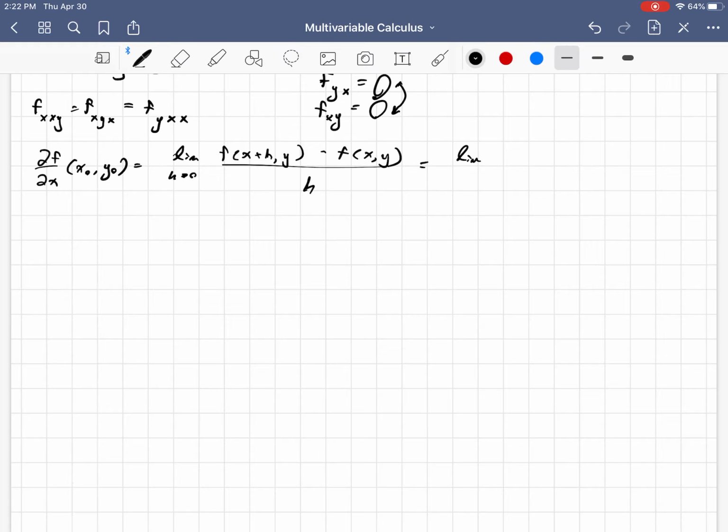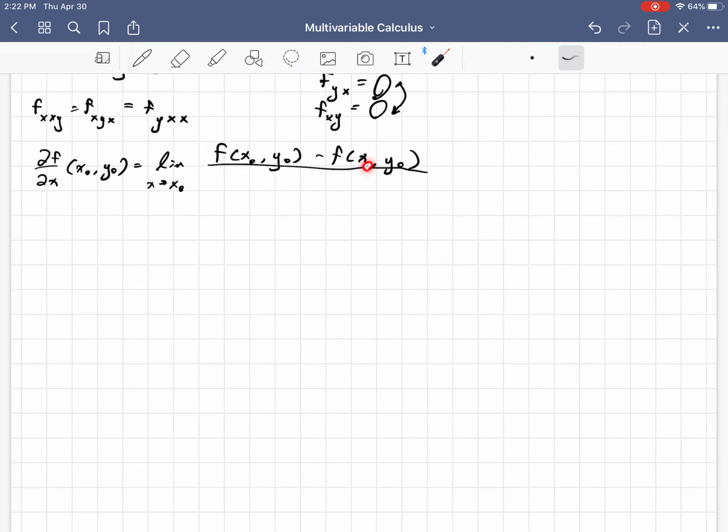So I'm going to get rid of this, and the new definition I'm going to use is the limit as x approaches x naught of f of x naught comma y naught minus f of x comma y naught, so no x naught there, there's just an x, over x minus x naught.